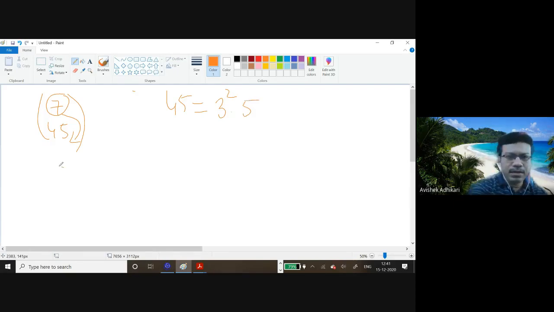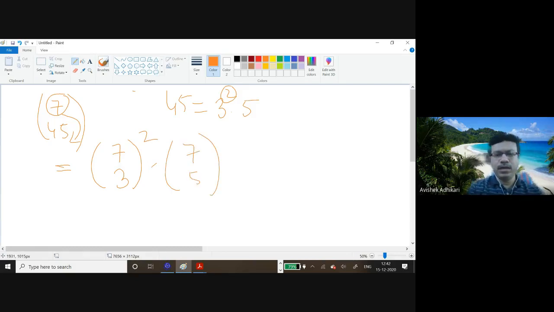Then this value will be (7/3) squared into (7/5). Now you don't need to calculate anything for the first factor because it's already squared. Because this is a Legendre symbol, both 3 and 5 being prime, it becomes 1. And (7/5) is the same as (2/5).